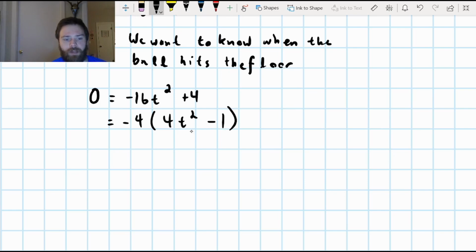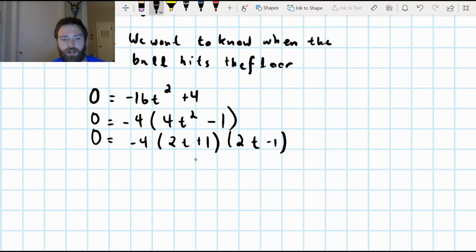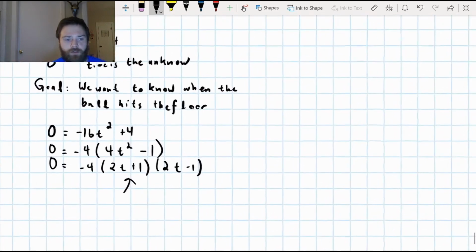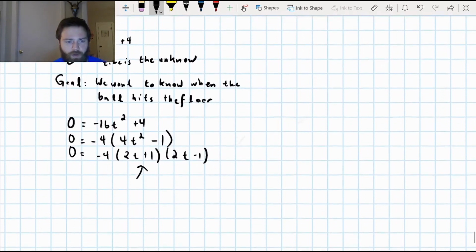So I've got 2 squares here, right? 4t squared is a square, and then I've got 1 here. So I can use a formula that we're familiar with, which is the difference of squares. So I've got negative 4 times 2t plus 1 times 2t minus 1. If you got kind of confused here, just review some of those other lessons where we factored things that were a difference of squares. So that's one method.